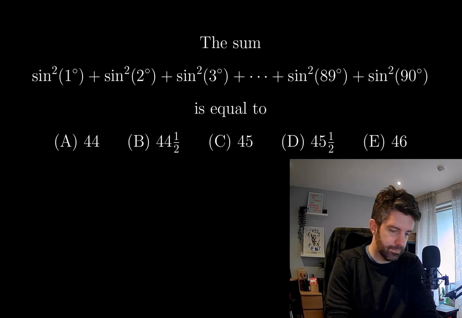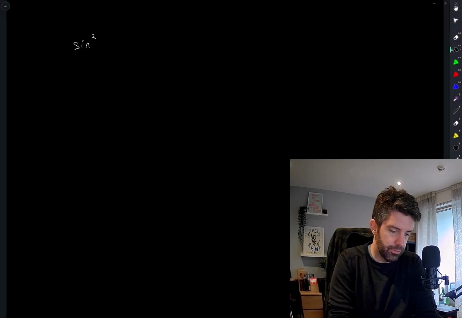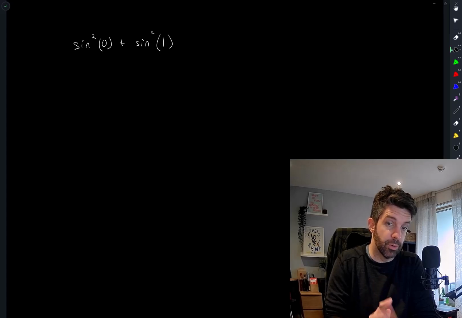Well, let's write this out. I'm going to write this as sine squared of 0 plus sine squared of 1. It'll be implied that it's all in degrees. I don't typically like writing things in degrees, even with the symbol. You should always use radians.